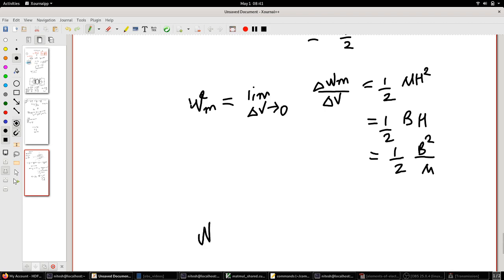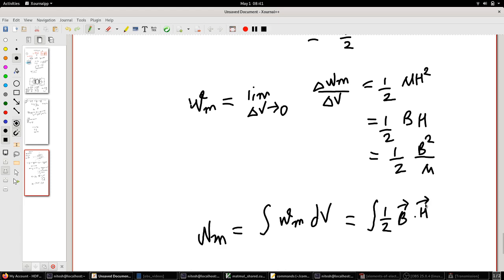The total magnetostatic energy is given as the integral of Wm dV, the integral of half into, this is the magnitude, so I can write this as the vector dot product B dot H dV.